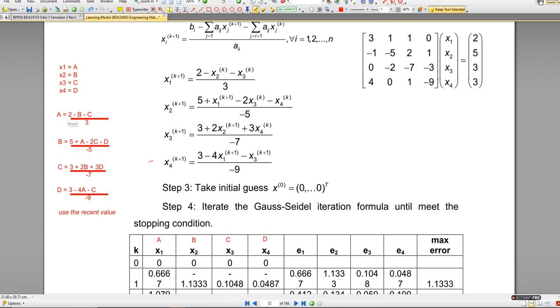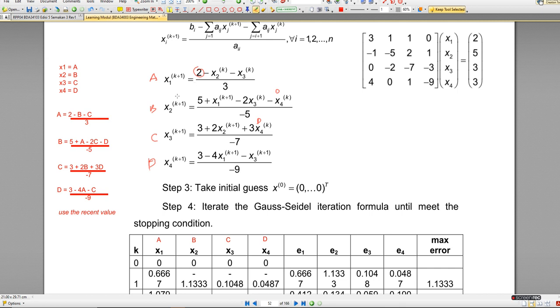Okay, this one 2 minus x2. So x2 is b, and x4 is d. So you have to convert into the calculation characters a, b, c, d.